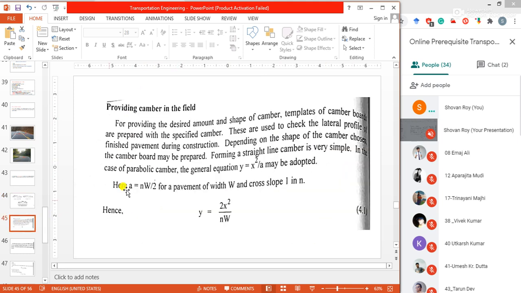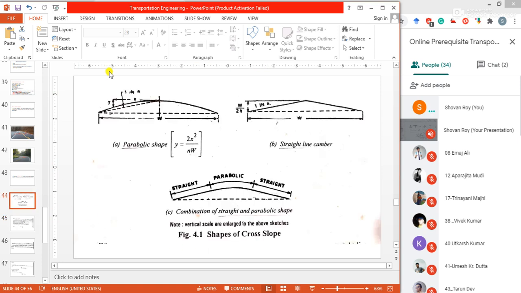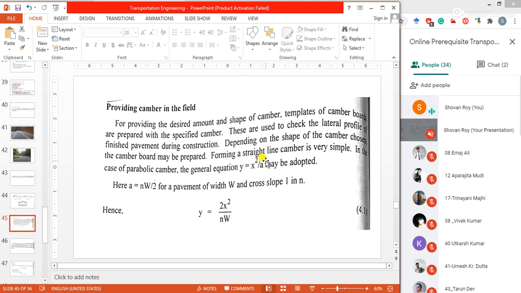So y equals x square by a, this is the equation of the parabola. Now x is this, and you need to find out a. Normally, as per the equation, a equals n into W by 2.